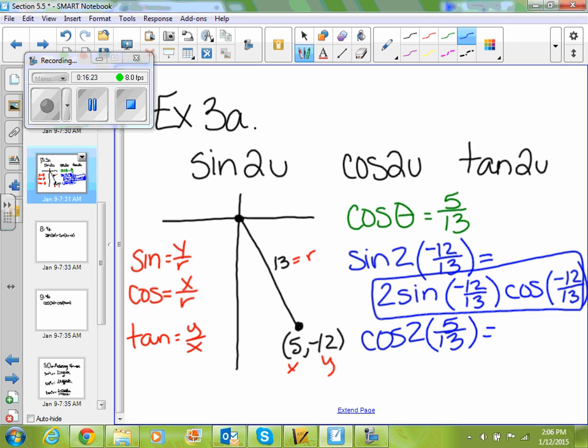So let's see, I think the easiest one is cosine squared plus 1, or is it cosine squared minus 1? I'm going to go with cosine squared of 5 over 13 minus 1, because that I think is the easiest one to deal with. But if you think one of the other ones is easier, then use one of the other ones.